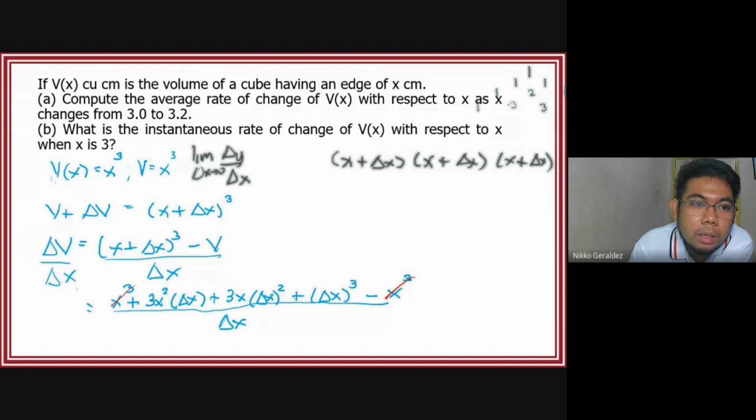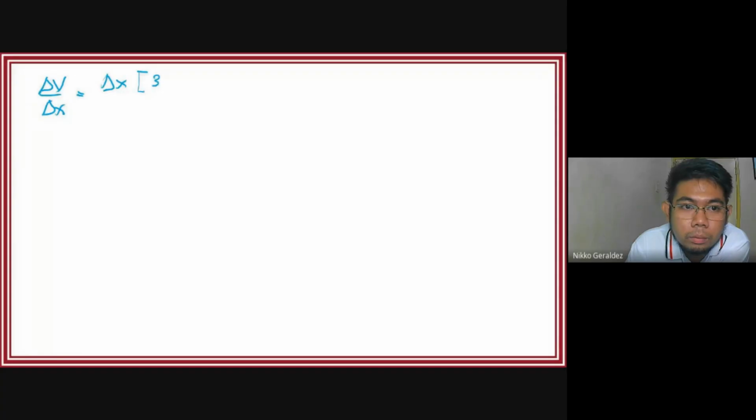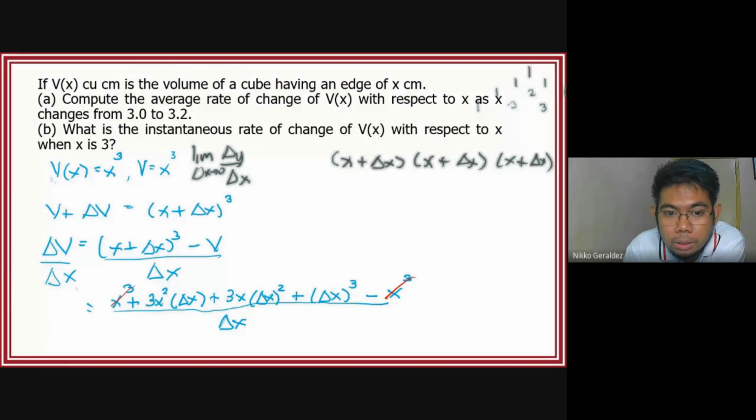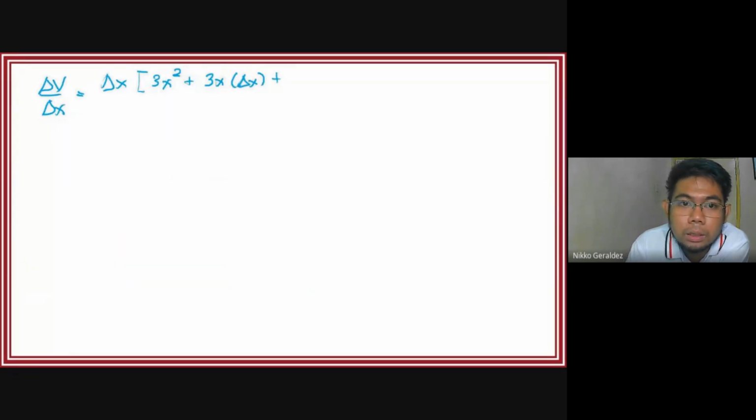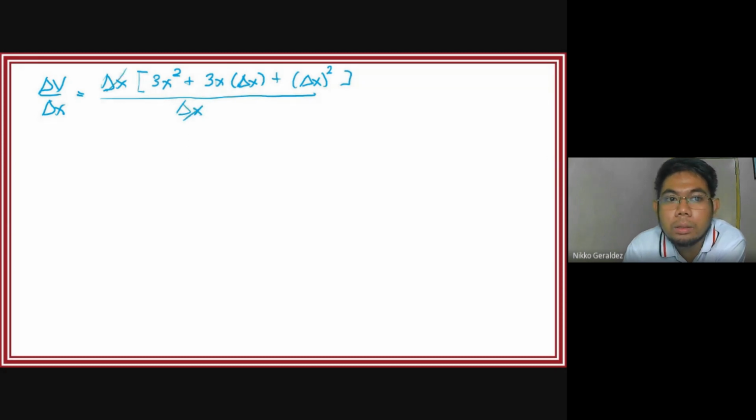So we have delta v over delta x equal to delta x times 3x squared plus 3x delta x plus delta x squared over delta x. So cancel. So meron ka ng 3x squared plus 3x delta x plus delta x squared. Then take the limit.